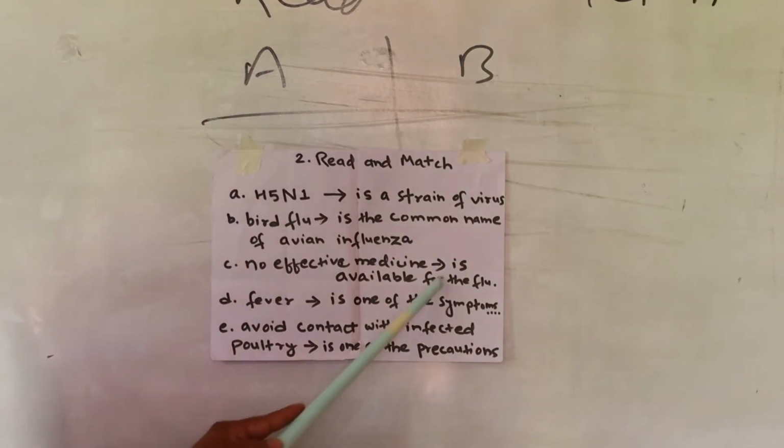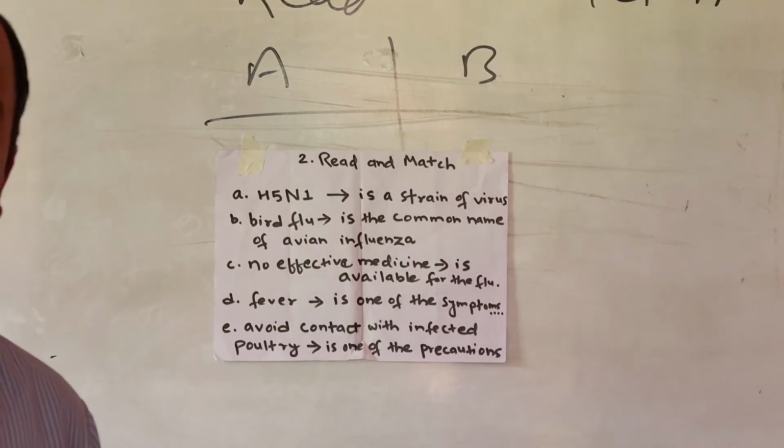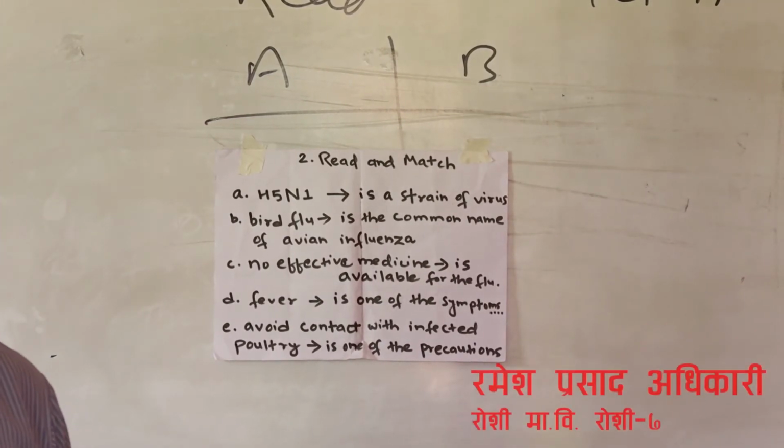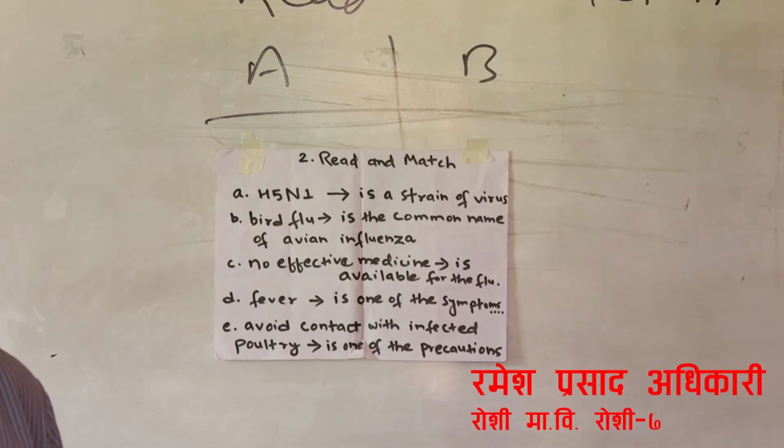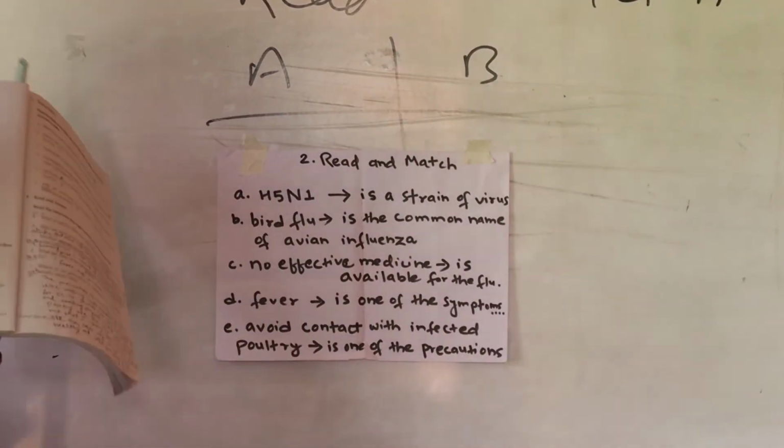What will be the right answer? No medicine is available for the flu. So, there is no medicine for bird flu. The correct option is second in column B, II.